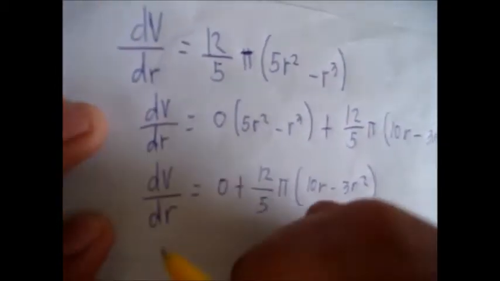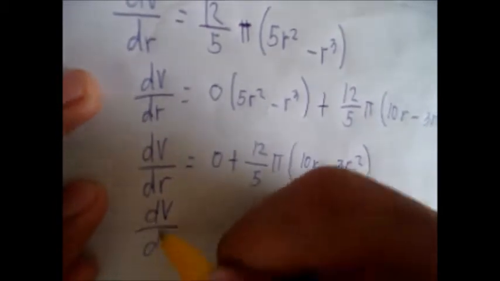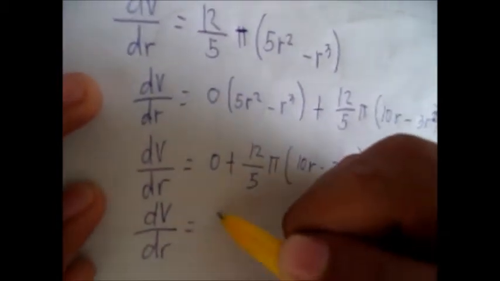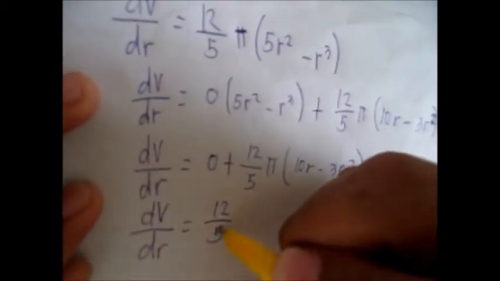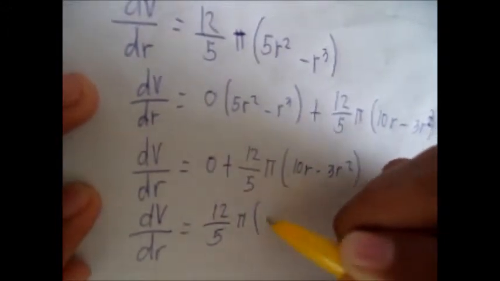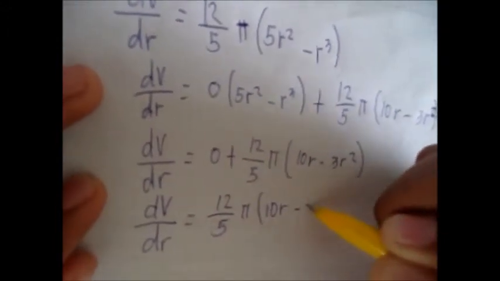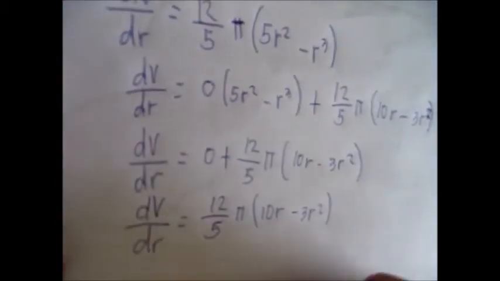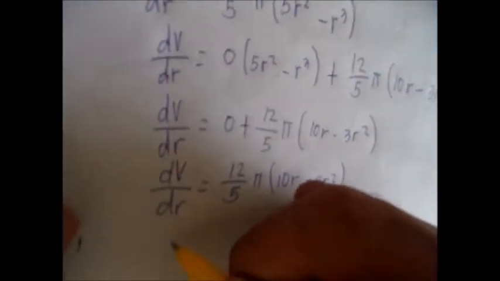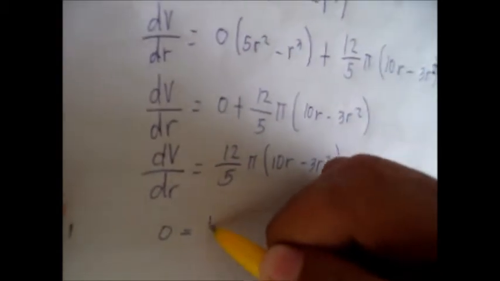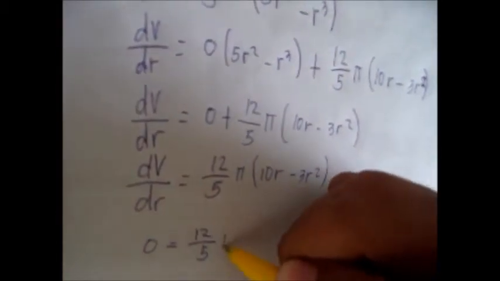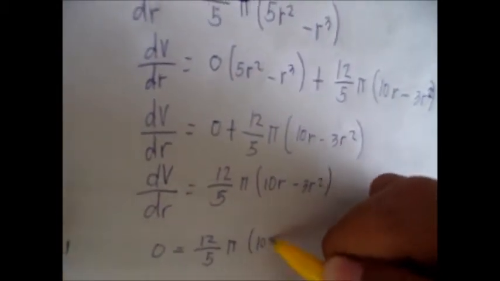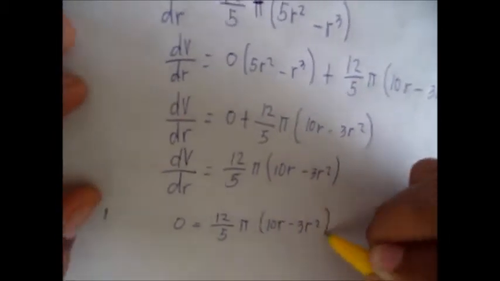So we have here dV/dr is equal to 12/5 pi times (10r minus 3r squared). Let dV/dr be equal to 0. So 0 is equal to 12/5 pi times (10r minus 3r squared).